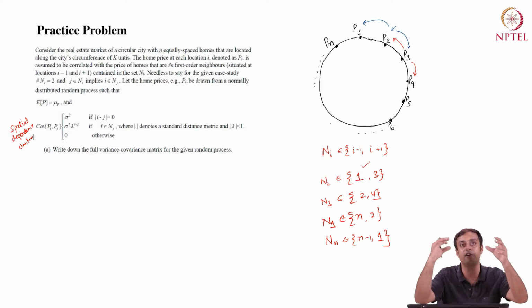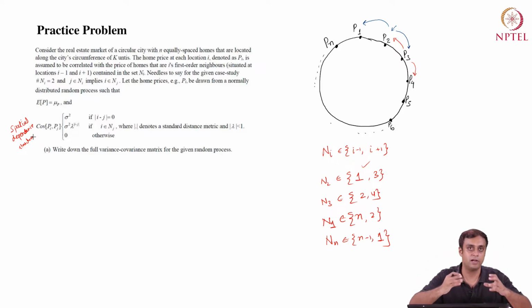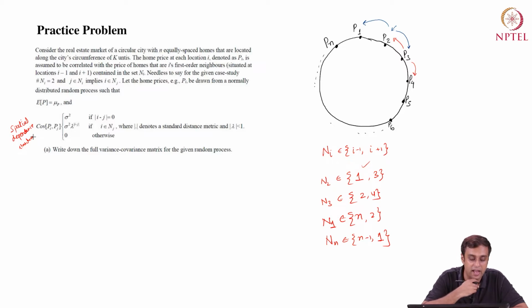Whatever is written in English is simply translated into mathematical notation. So covariance Pi Pj is sigma squared if i minus j equals 0. That is, the variance at a location i, the variance of Pi, is simply sigma squared for all i in 1 to n.